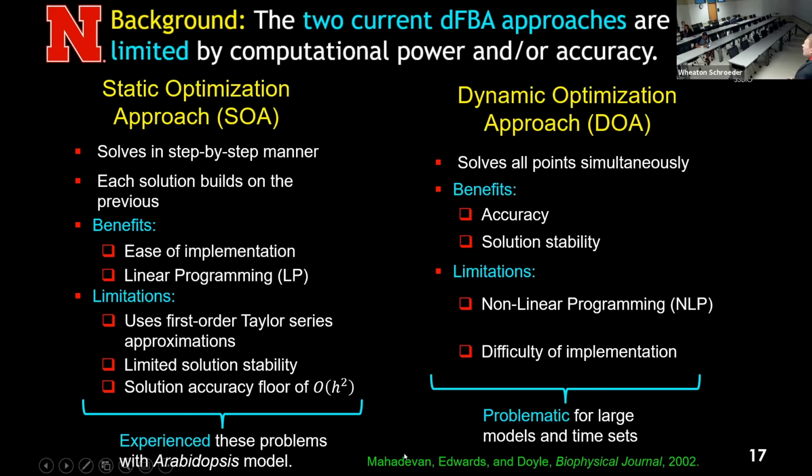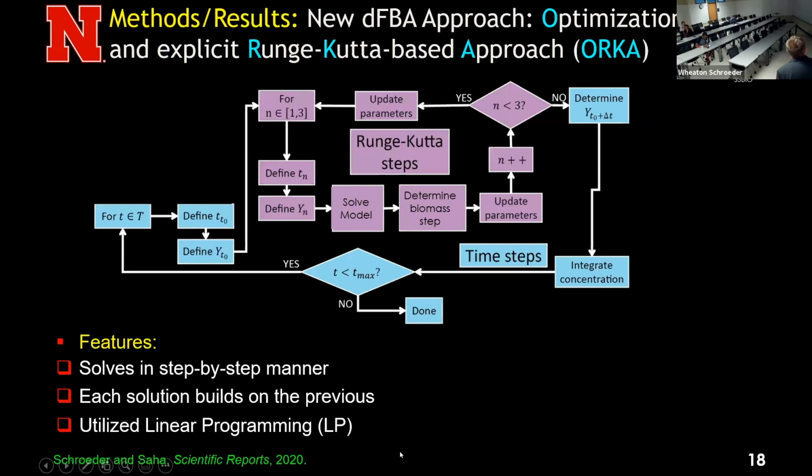So if we're, again, looking at a large model and a large number of time points to solve, this is problematic to implement as well. So we created a new approach to dynamic flux balance analysis called the Optimization and Explicit Runge-Kutta-based approach, or ORCA, which we believe sort of meets in the middle of these two extremes.